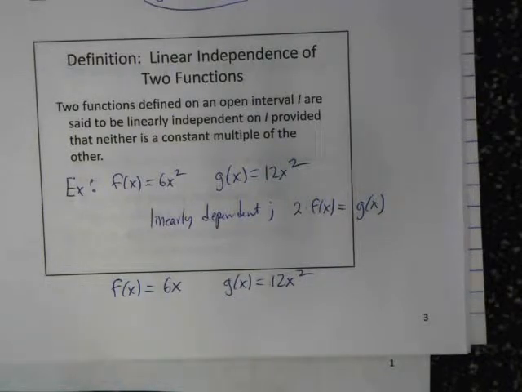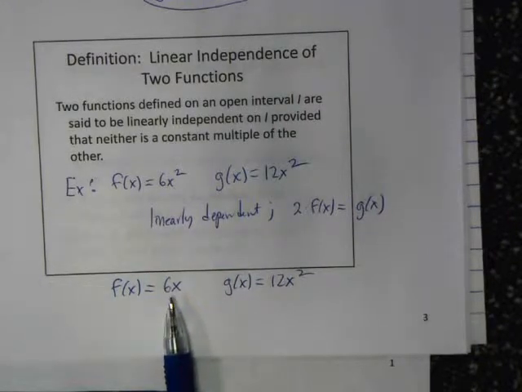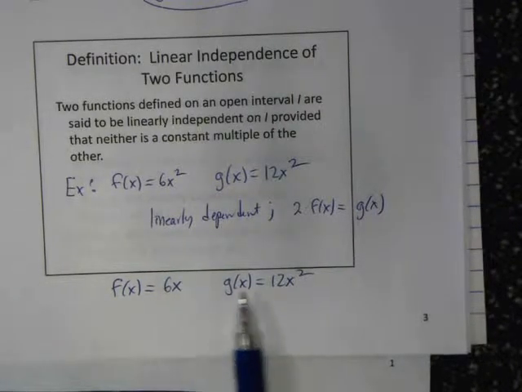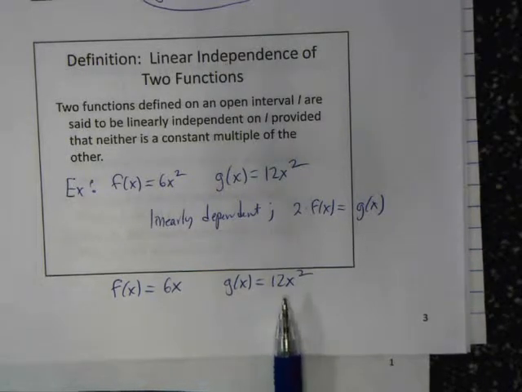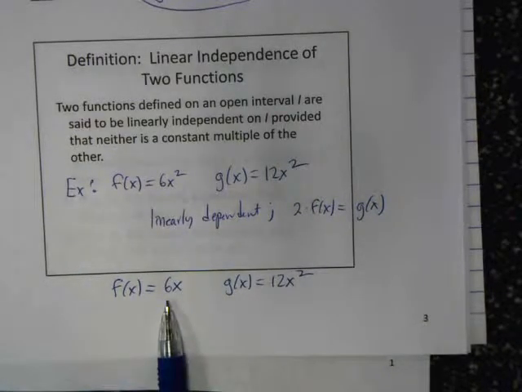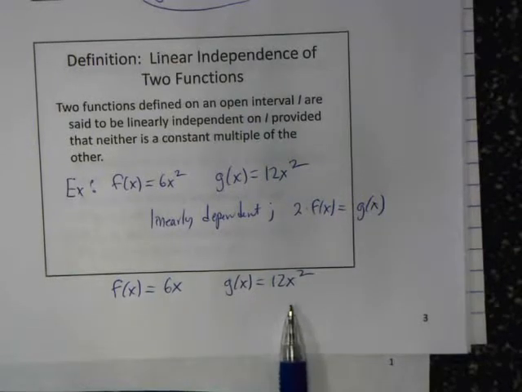If I start with this function, what do I have to multiply it by to get that function? 2x. Is 2x a constant? No, it is not. So are these linearly independent? Yes, because I cannot take this one, multiply it by a number, and get that one. Those are linearly independent.